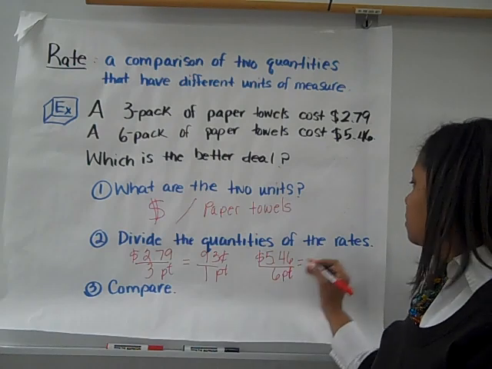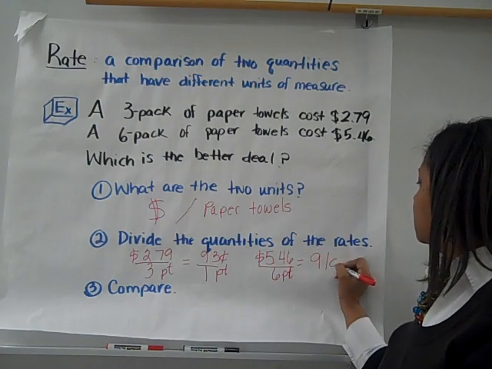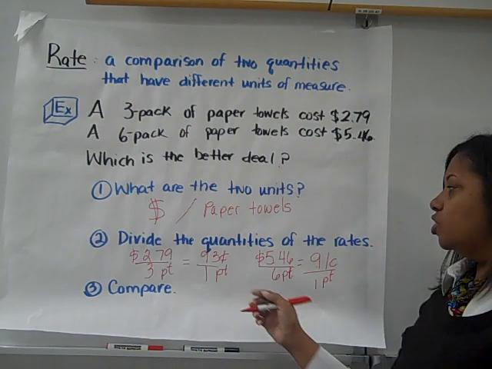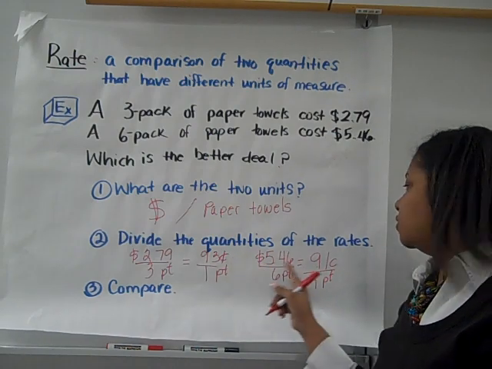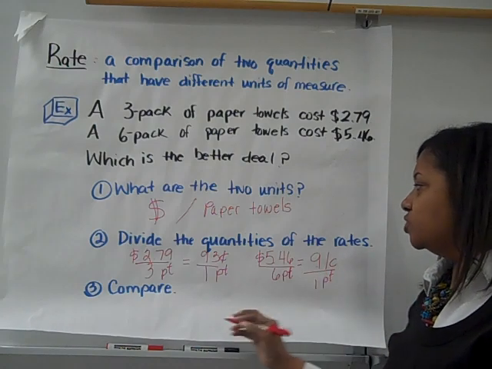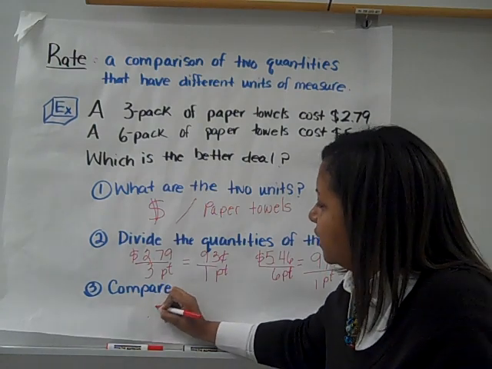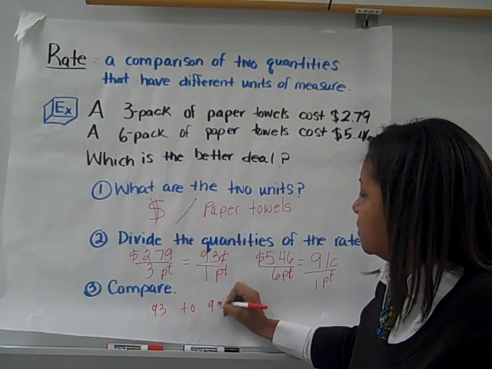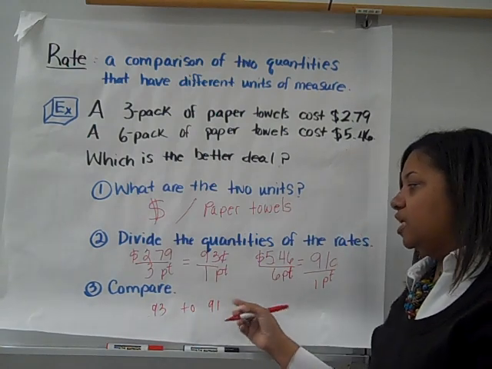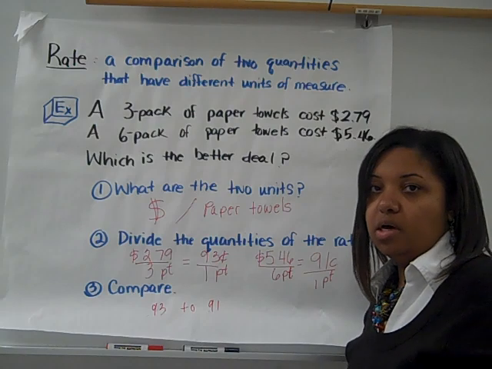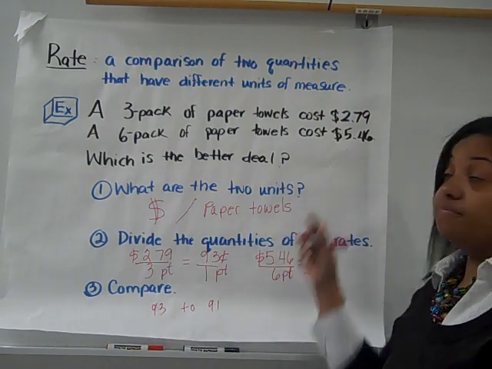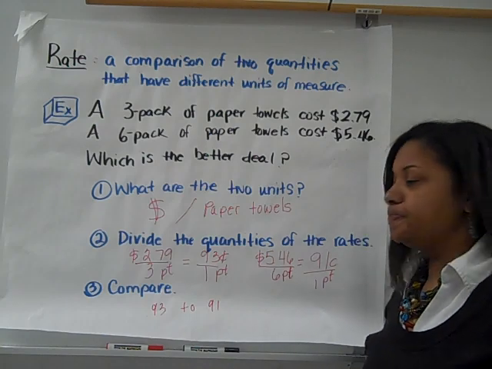And we get 91 cents per one paper towel. So 93 cents versus the 91 cents. Of course, the 91 cents is better for the rate. This is a smaller rate, so that means that buying the 6-pack would be a better buy.